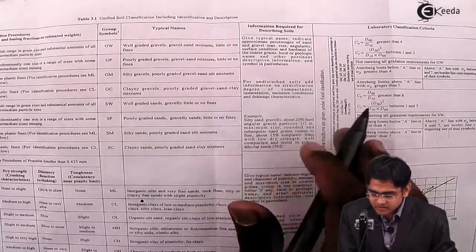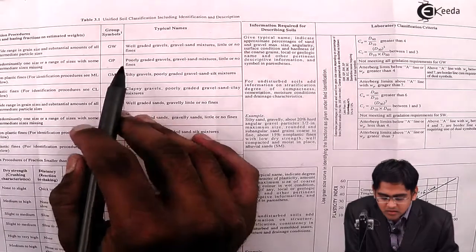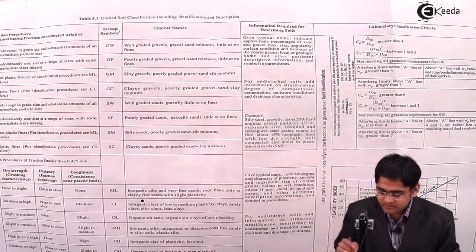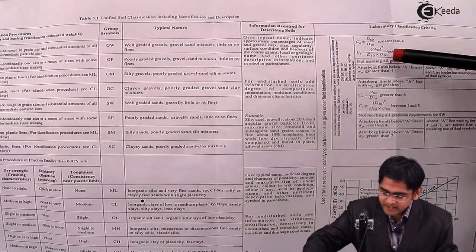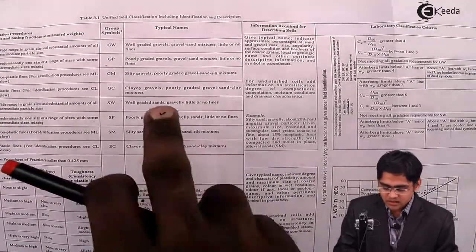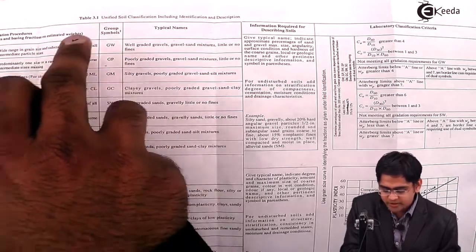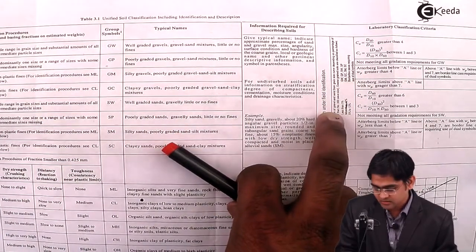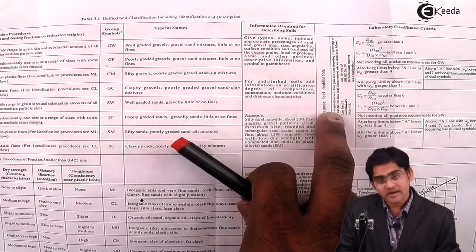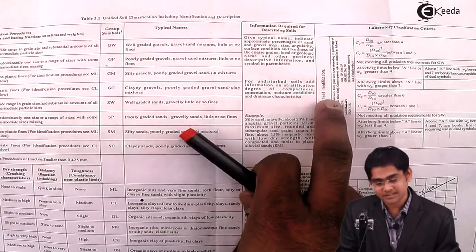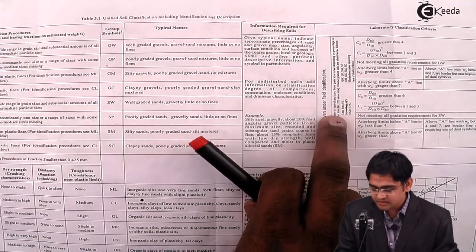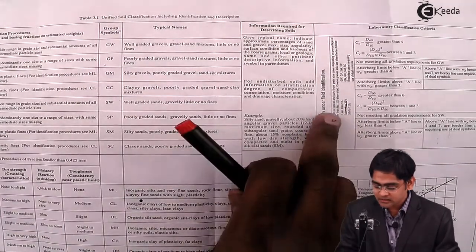So as discussed earlier, for well graded gravel as well as for poorly graded gravel, you must have the grain size distribution curve, and you go to this option if you have a percentage finer than 75 micron of less than 5%.